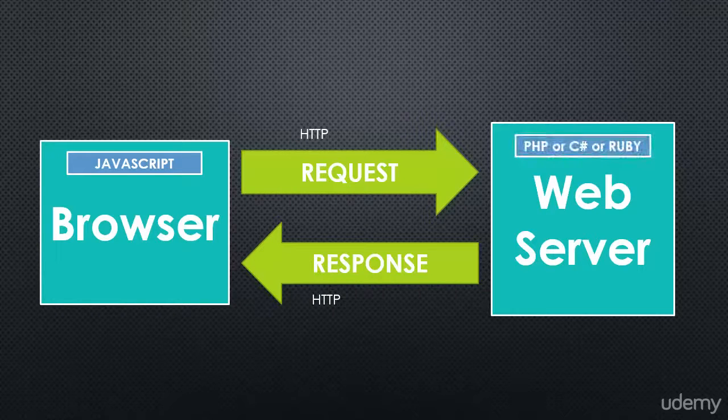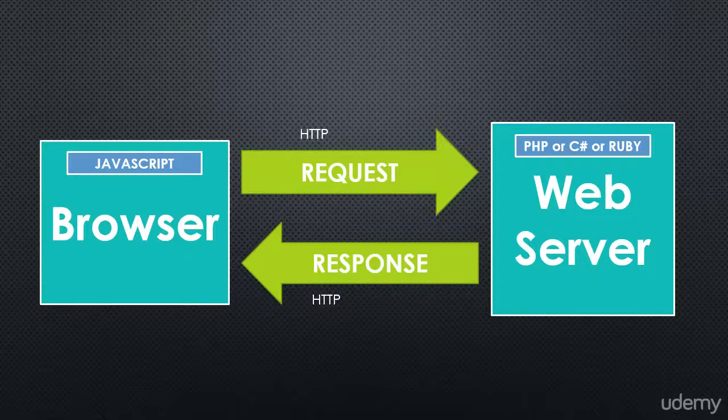So you may have been using PHP or C# if you were using ASP.NET, or Ruby if you're using Ruby on Rails, or other programming languages that are used within particular web server technologies. So you had to switch back and forth between two different programming languages at least in order to get your work done.